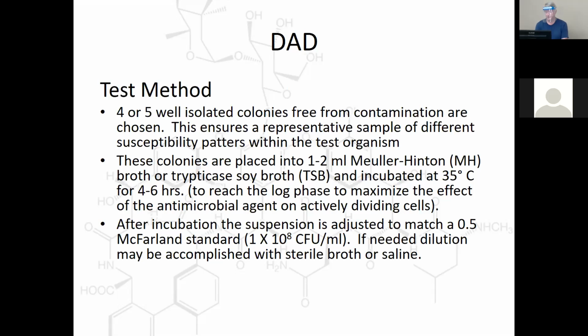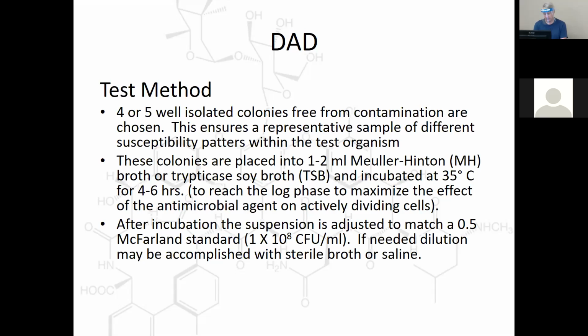Colonies are placed into a 1 to 2 ml Mueller-Hinton broth or a TS broth and incubated at 35 degrees to reach a log phase of maximum. So what we have is actually dividing cells on plates. We got blood and chocolate downstairs, and MacConkey.